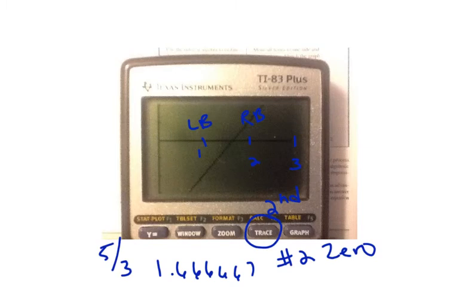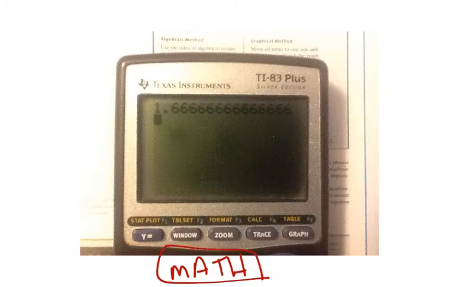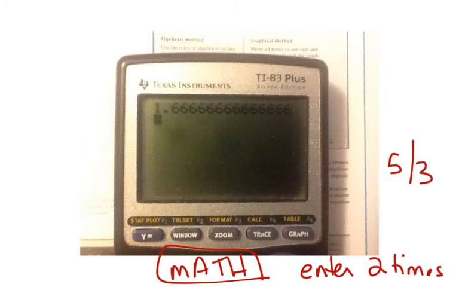If you type this into the home screen, and then you hit Math, Enter, Enter. Math is a button on the left-hand side, and then just hit Enter 2 times. What will pop up on the screen will be 5/3.